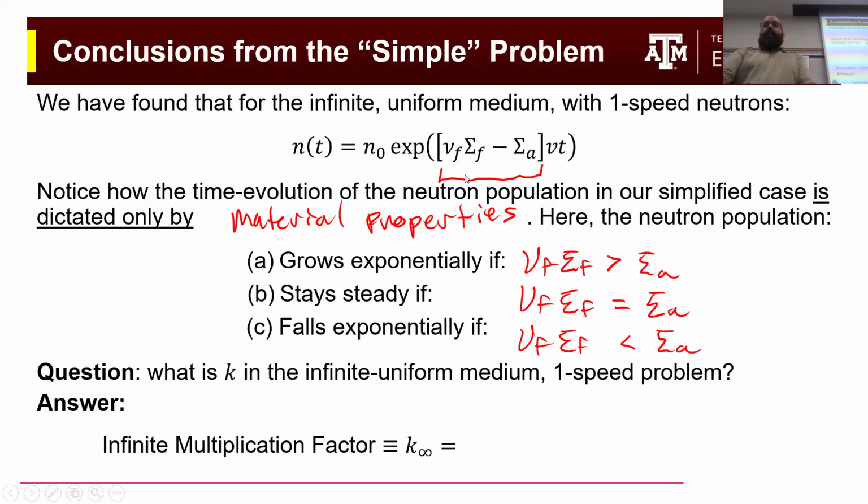So if these are our production and loss mechanisms for this infinite reactor, we could talk about what the infinite multiplication factor would be. We talked about the multiplication factor last time, and I think the most simple way to think about it is that it's going to be my production rate divided by my loss rate.